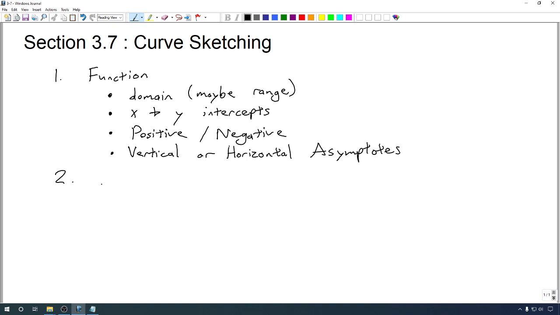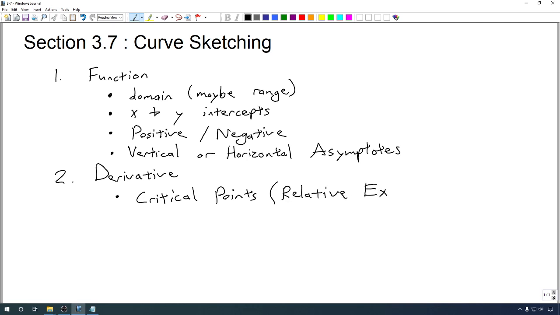But now let's move on to the actual derivative. From the derivative, we can look at critical points. And looking at critical points basically means that we're looking at relative extrema. A relative max or relative min, all that kind of interesting things about a function.